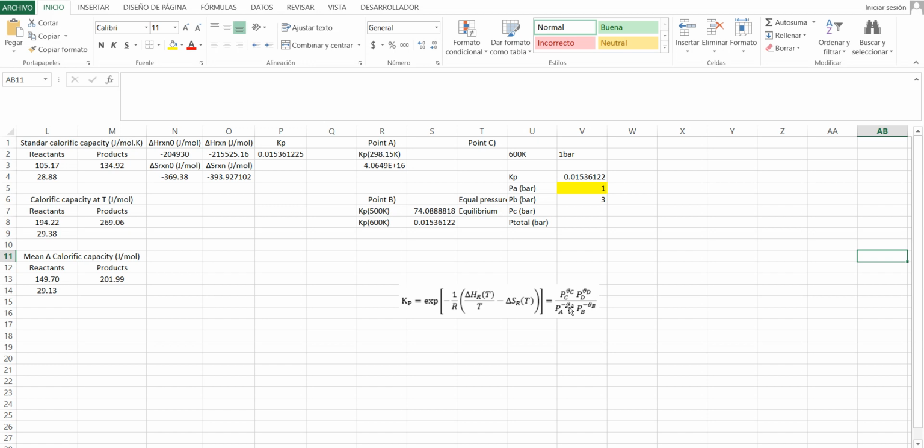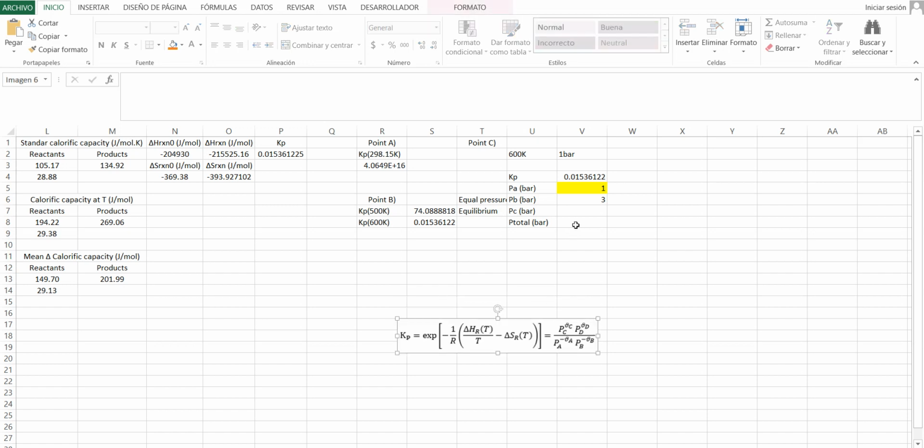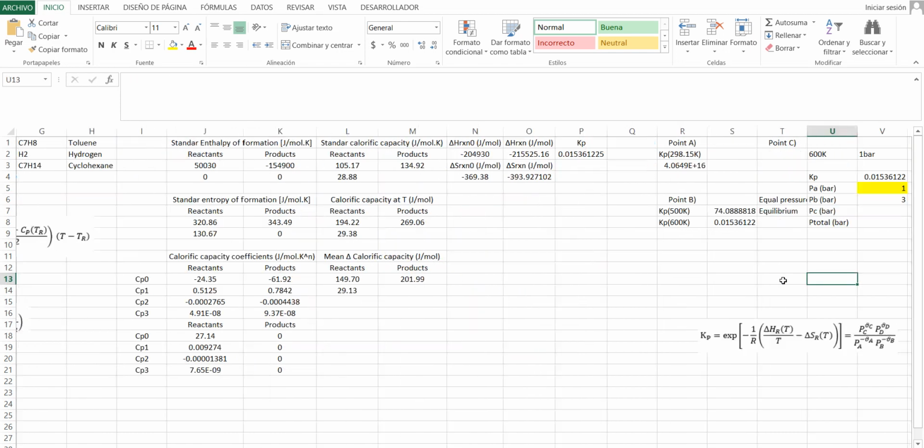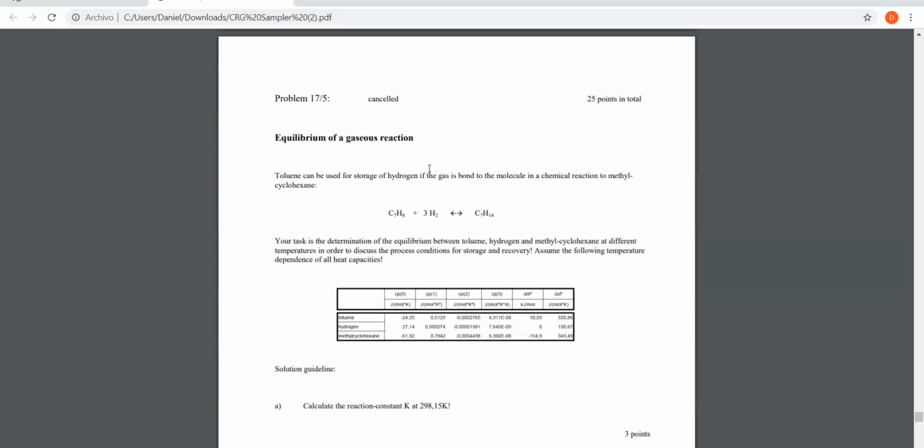So that is the equation that we're going to use to solve for the partial pressure of C, in this case the cyclohexane. So let's write this equation in relation to our reaction. Let's copy and paste our reaction so we don't forget about it. This reaction is the same one from here. So let's follow this equation.